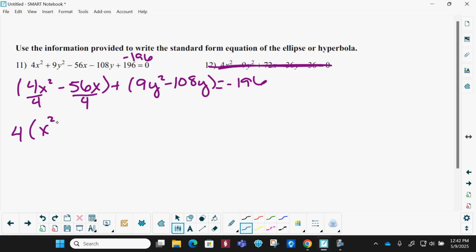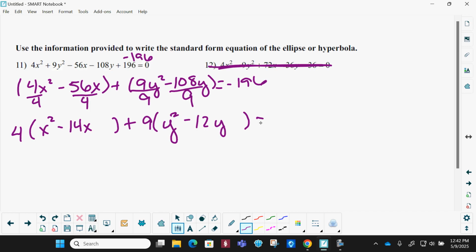14 squared minus 14x, space. Divide this by 9. I think that's what, 12 squared minus 12y equals negative 196 plus 4 times something plus 9 times something.